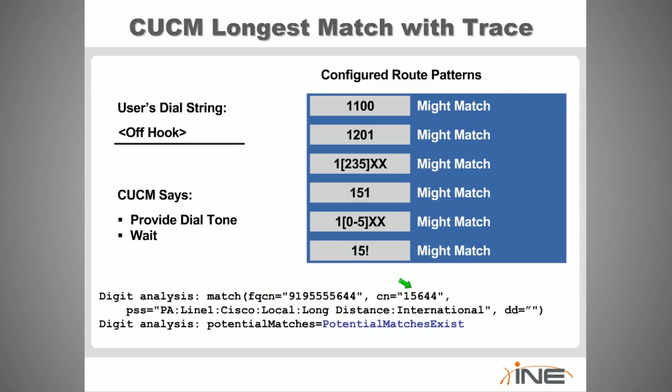Calling number is the person's extension. The fully qualified calling number is their external phone number mask taken into consideration. So we've got a user here in RTP, 919 area code, 555 prefix, 5644.